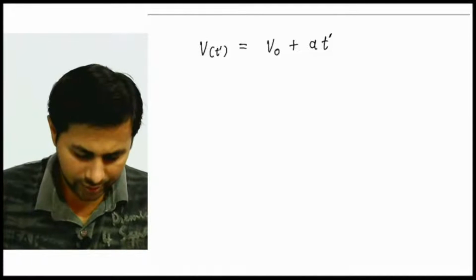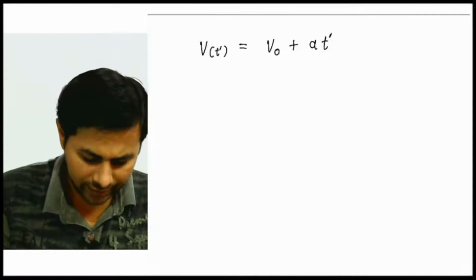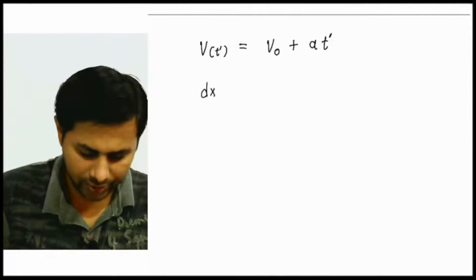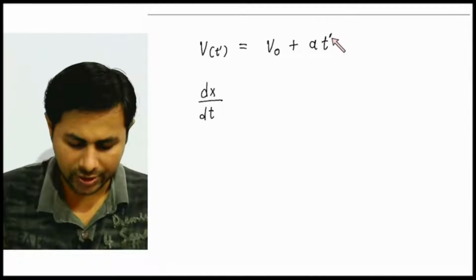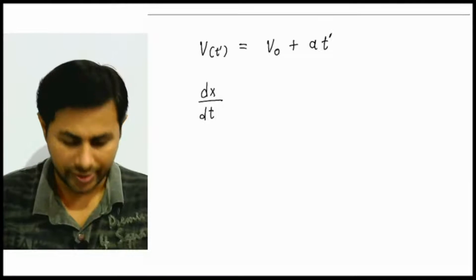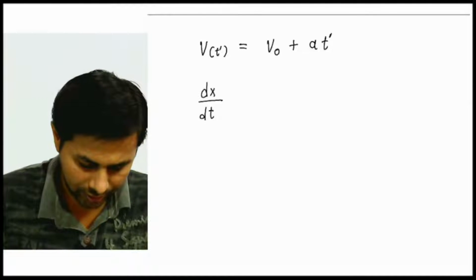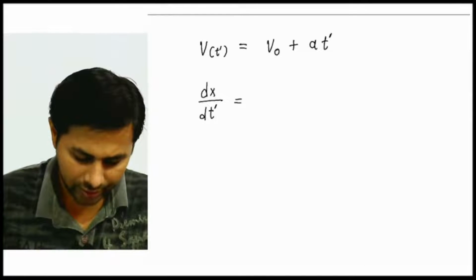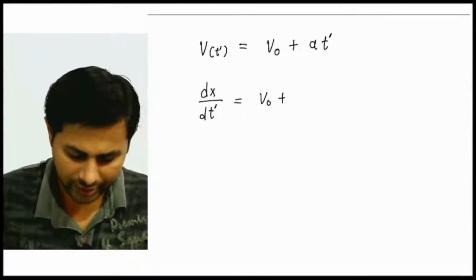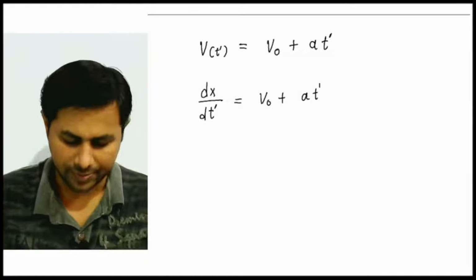So now I will write this velocity as change in position with respect to time, that is derivative of position with respect to time, but for time I am using this prime symbol. Okay, so dx by dt prime is equal to v naught plus a times t prime.